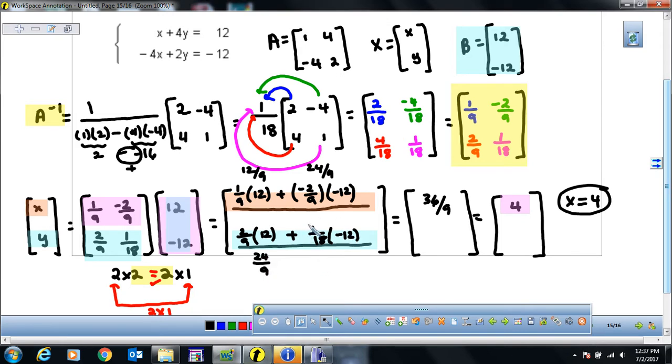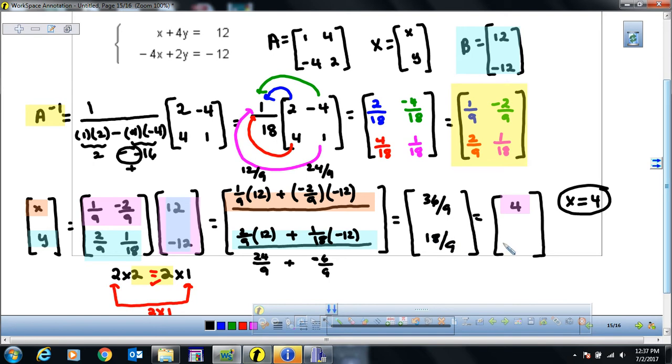Then 1/18 times negative 12 is negative 12/18, which I'm going to reduce into 9s also, that's negative 6/9. Right? Negative 12/18 is negative 6/9. So when we add them, 24/9 plus negative 6/9 is 18/9, and that is equal to positive 2. So what does that mean? That the Y is equal to 2.